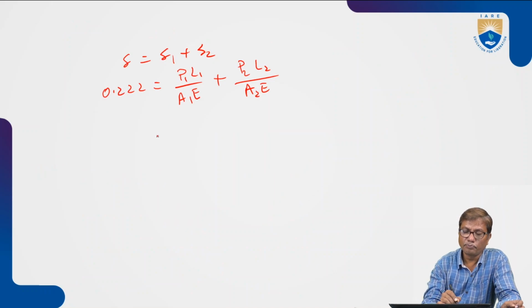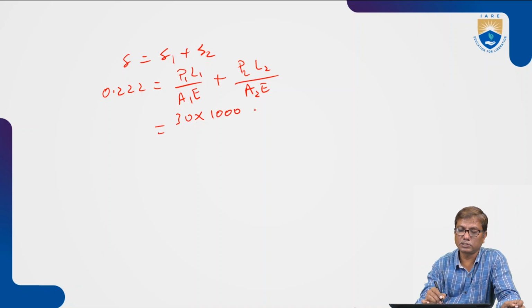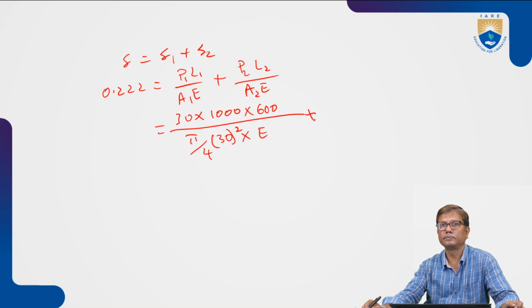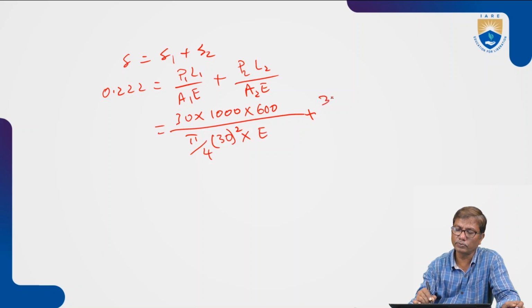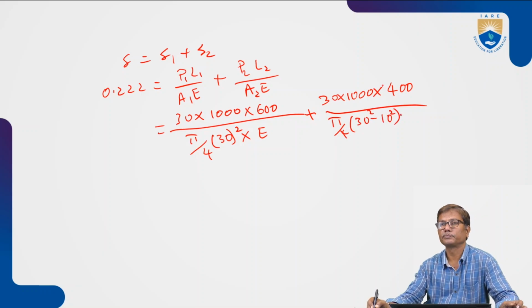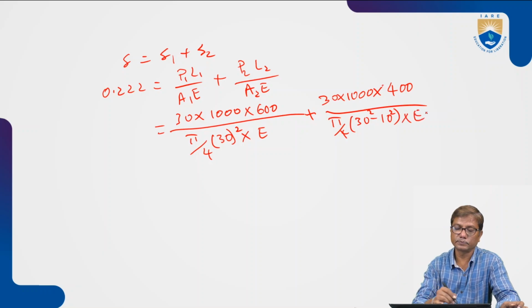So P1 is 30 kilonewtons, convert into newtons, and L1 is 600 by A1, that is pi by 4 into 30 square into E. This is delta 1 plus delta 2: P2, 30 again into 1000, and length is 400, area is pi by 4 into capital D square minus small d square into E, Young's modulus.